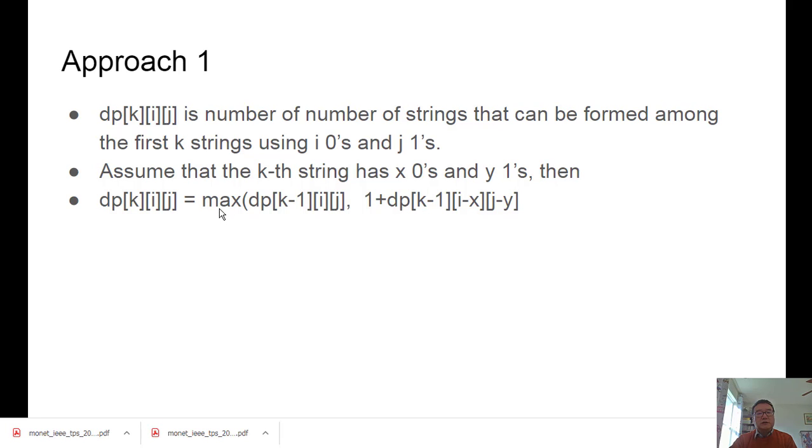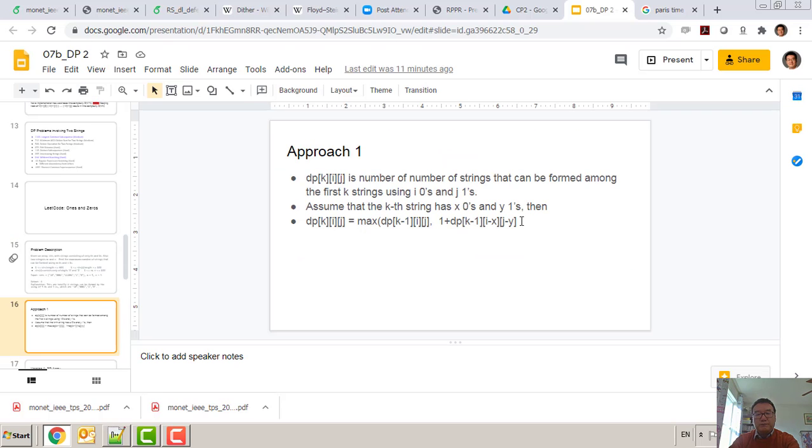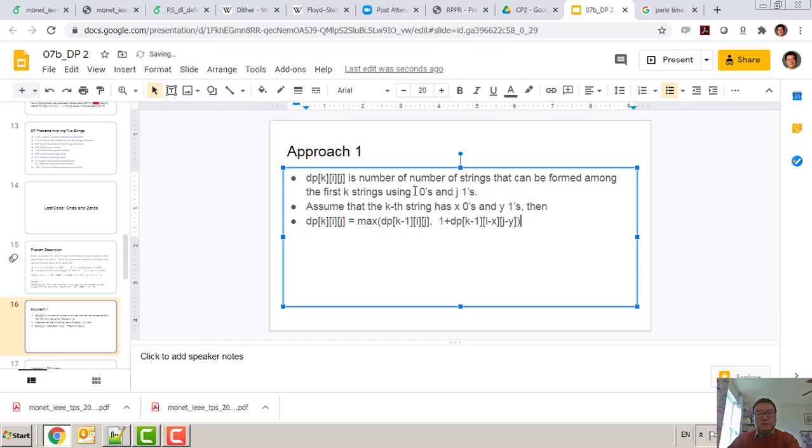We either do not use the k-th string, so that will be dp[k-1][i][j], or we try to form it, then that would be dp[k-1][i-x][j-y] plus 1. Of course, this part can be used only when i is greater than or equal to x and j is greater than or equal to y. There are quite a few typos here.